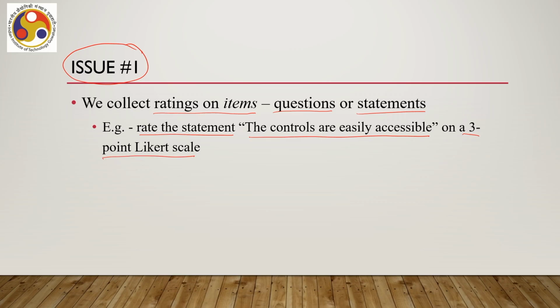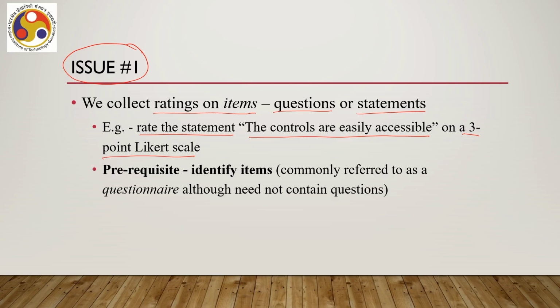The Likert scale is of course a well known rating scale, and these types of questions or statements will be provided to the users for them to rate on such a scale. The prerequisite is that we have to identify suitable items or questionnaire. These items are commonly referred to as questionnaire, although they need not contain questions, they can be statements as well.